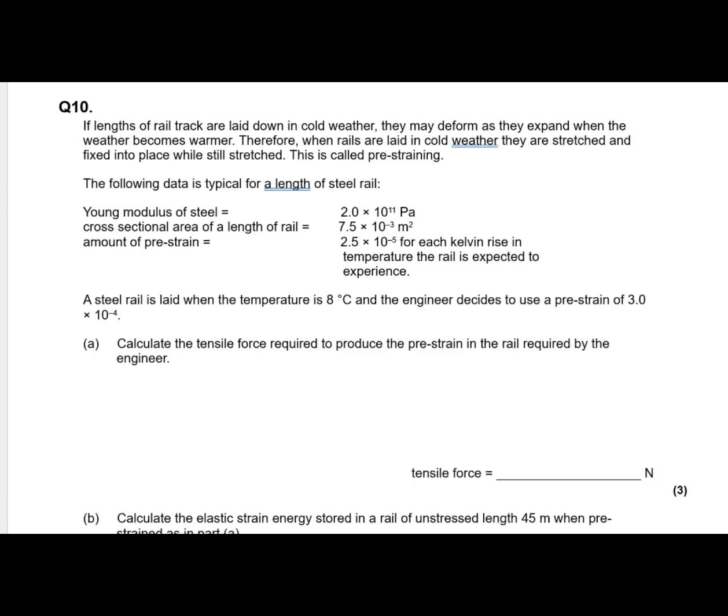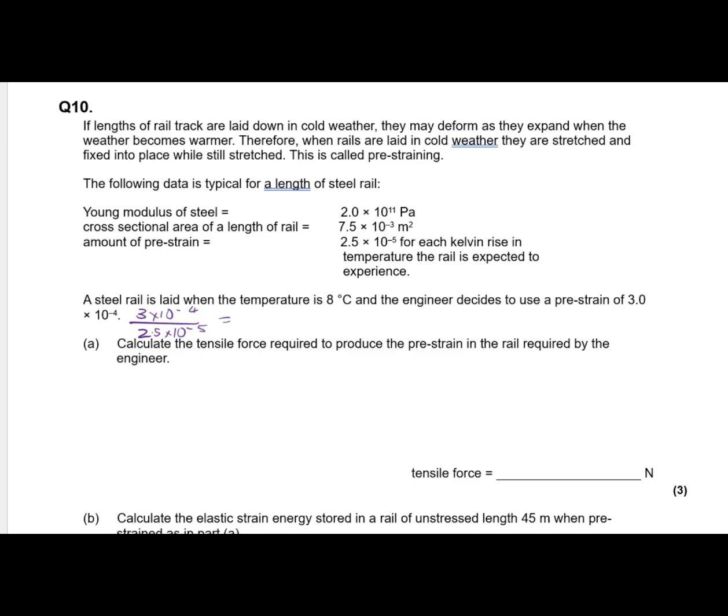So a steel rail is laid when the temperature is 8 degrees Celsius, so that's not really warm at all, maybe it's a cold country, and the engineer decides to use a pre-strain of 3 times 10 to the minus 4. If you divide that by 2.5 times 10 to the minus 5, that will tell you how many degrees the engineer is expecting the temperature to rise by.